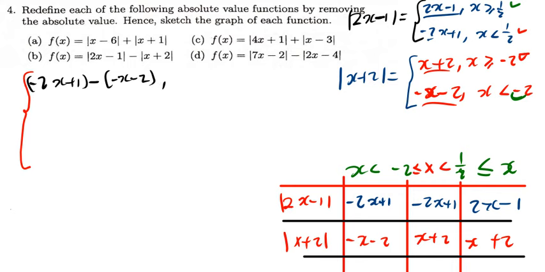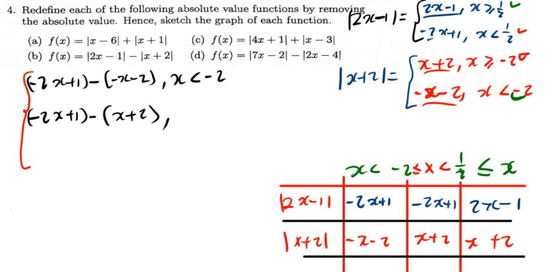So what is the condition? The condition is that x is less than negative 2. In the middle here, we have negative 2x in brackets plus 1, minus in brackets x plus 2. I'm just getting this and that.